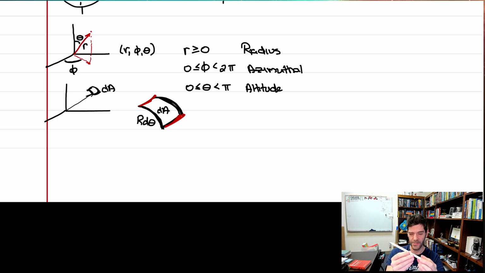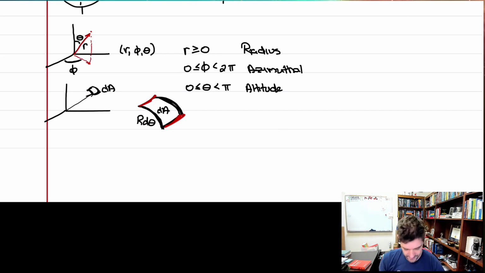Compared to if I have a large altitude, this is sweeping out a much bigger circle as I move around. So I imagine a little bit of arc. Instead of doing a full circle, if I just do a little arc, the size of the arc I sweep out here is different than the size of the arc I sweep out here for the same delta phi.